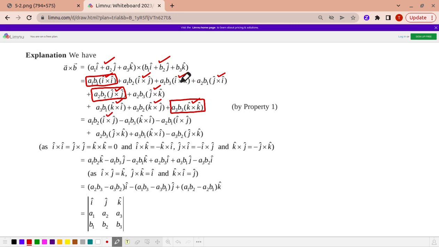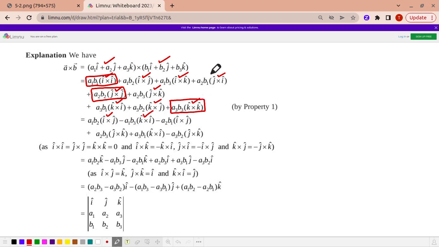Now i cap cross k cap is nothing but minus of k cap cross i cap, because we are maintaining a proper sequence i to j, j to k and k to i. So that's why we write it in minus form.